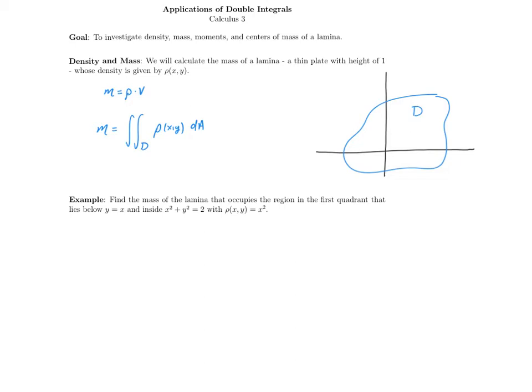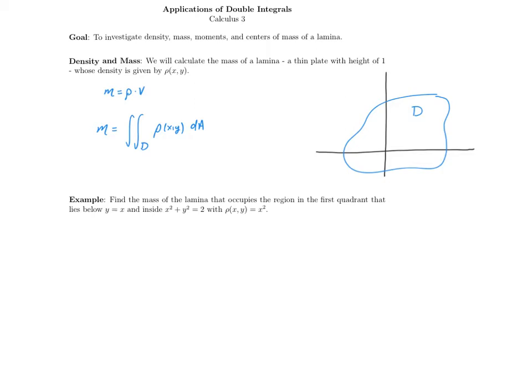And just to give you a little bit of intuition, the idea, if we wanted to go through details, is we take our region D and we break it up into a whole bunch of little pieces. And then on each piece we approximate what the mass will be, and then we combine those together. And those approximations, in a sense, form our integrand.